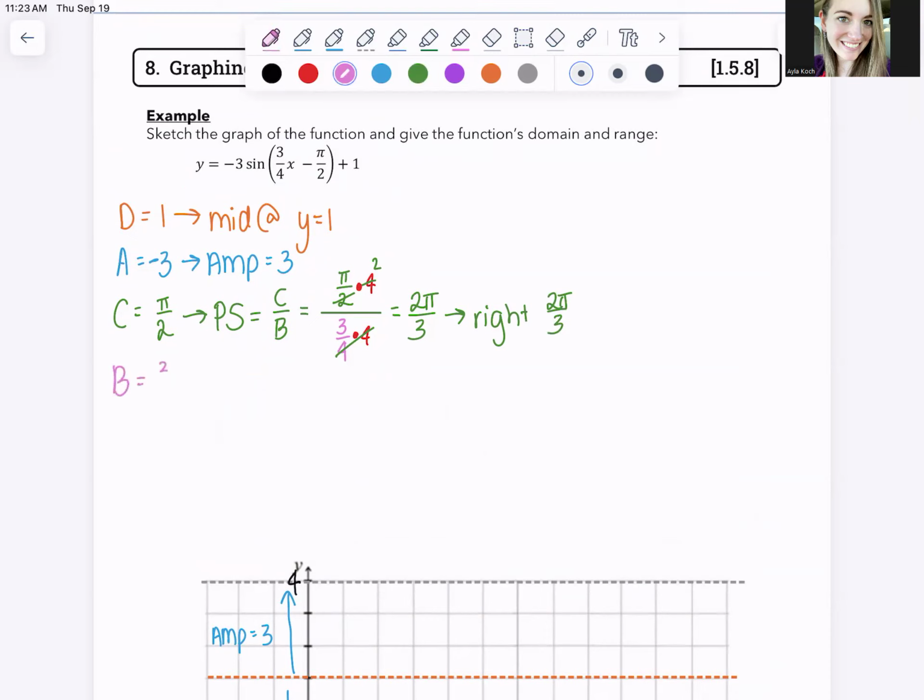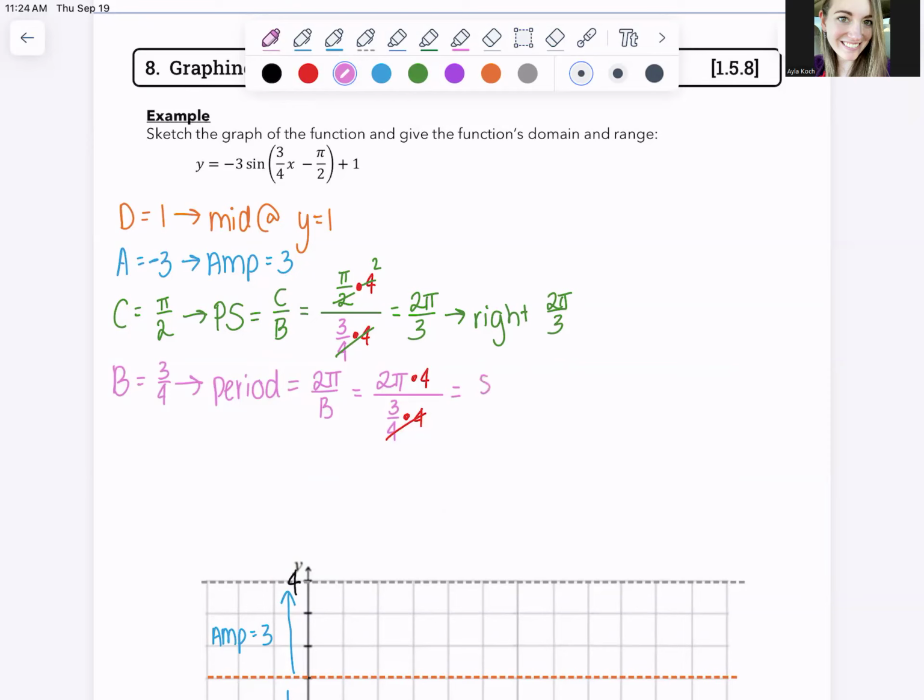B is equal to 3/4. B changes the period. Period is equal to 2 pi over B. So 2 pi divided by 3 divided by 4. Again, I'm simplifying this by multiplying the numerator and the denominator of the big fraction by 4 to clear out the fractions.